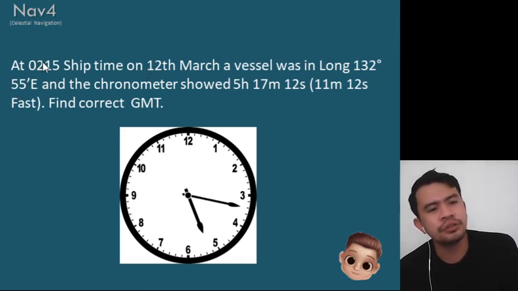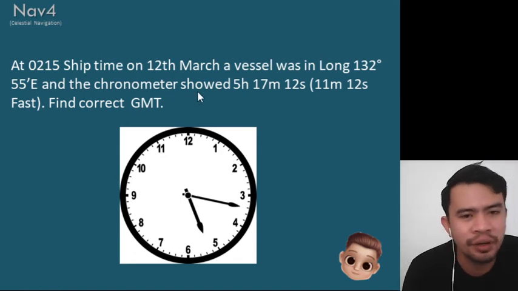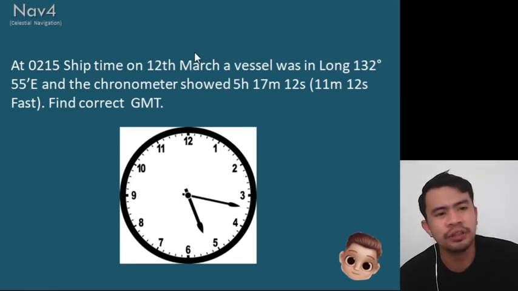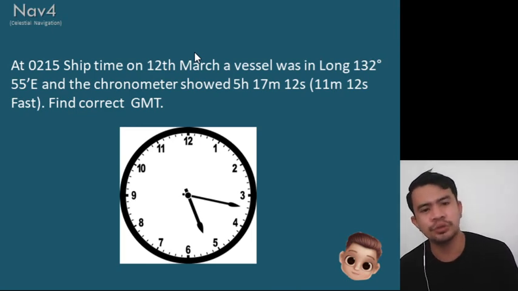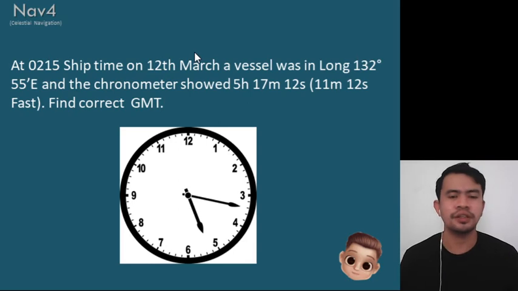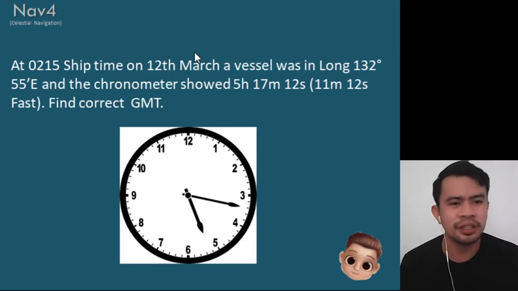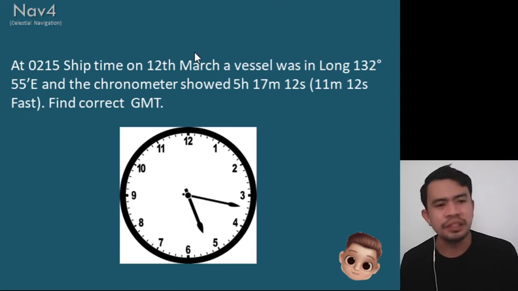At 02:15 ship time on the 12th March, a vessel was in longitude 132 degrees 55 minutes east, and the chronometer showed 5 hours 17 minutes 12 seconds, 11 minutes 12 seconds fast. Find the correct GMT.